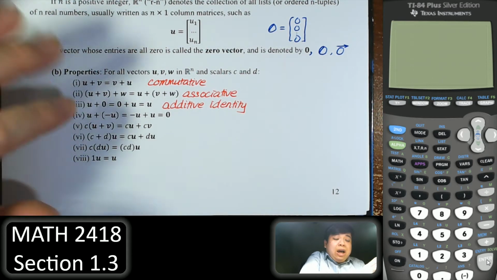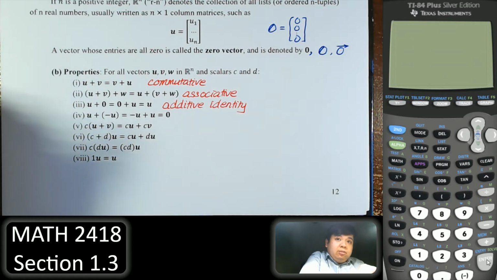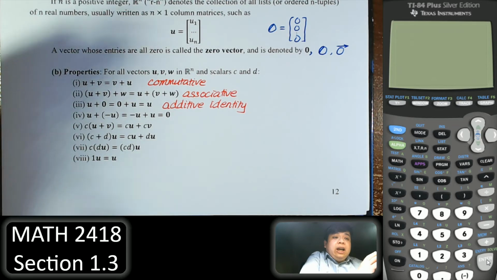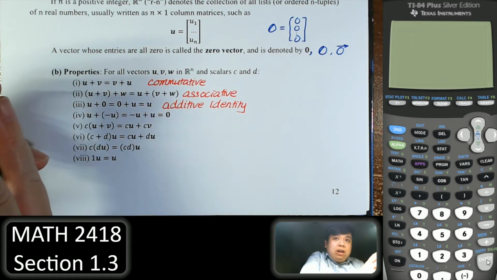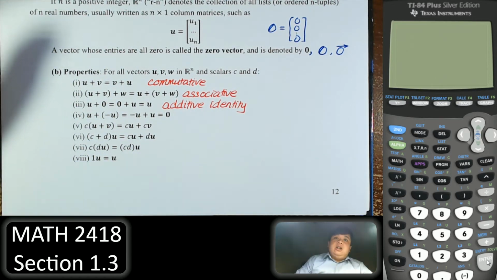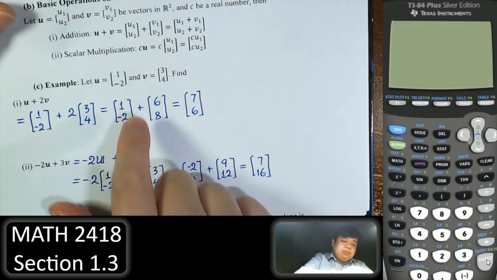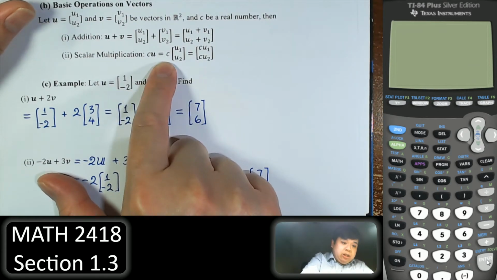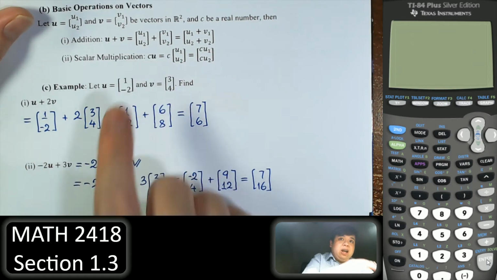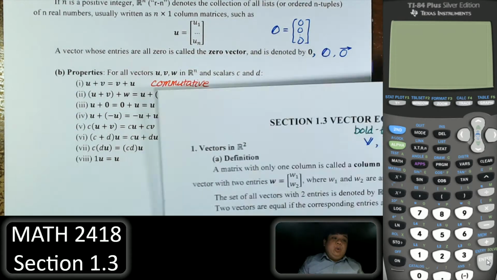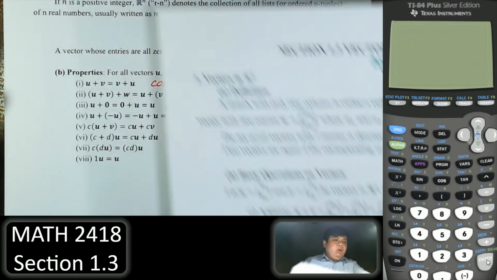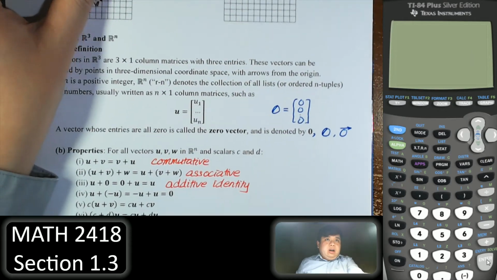We do not do that in this section. All the operations we have in this section are addition of two vectors and scalar multiplication, multiplying a constant by a vector. That's all the operations we do in this section. So that's just a review about vectors.